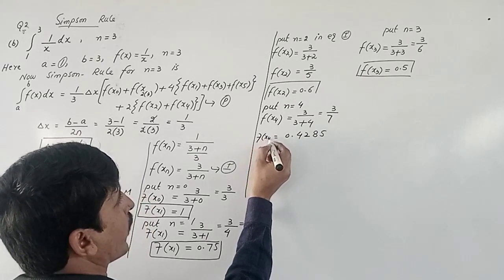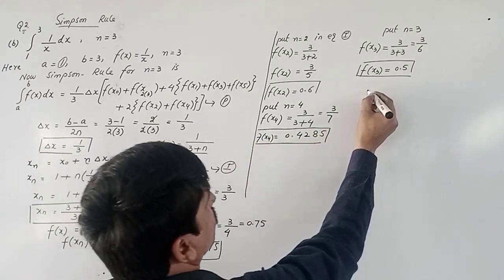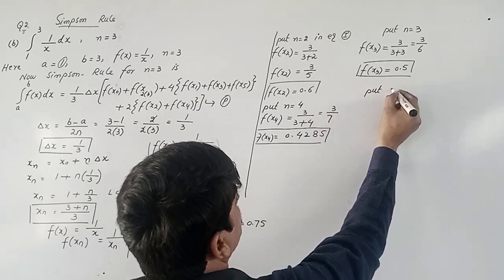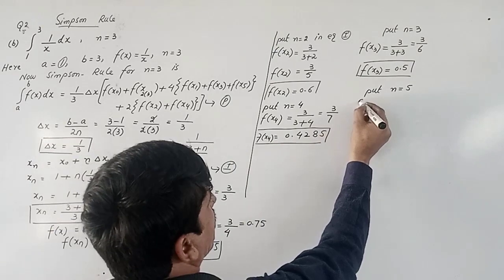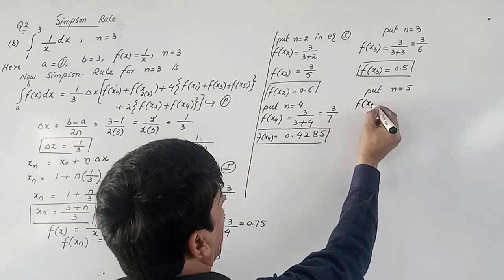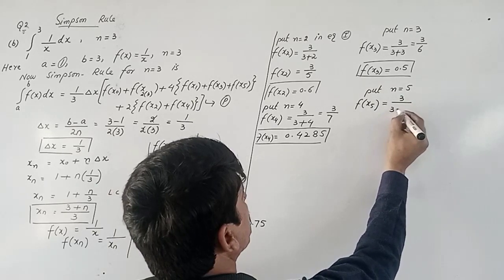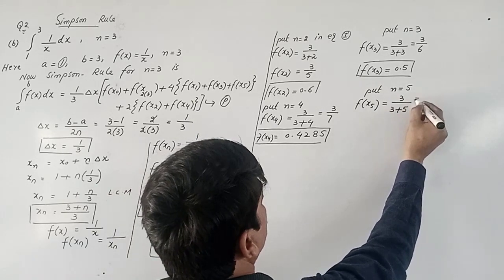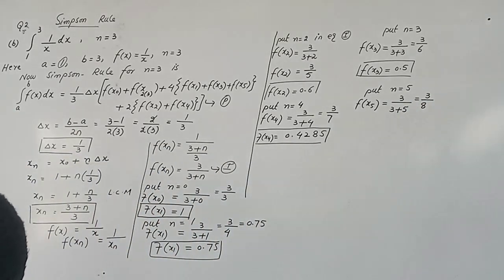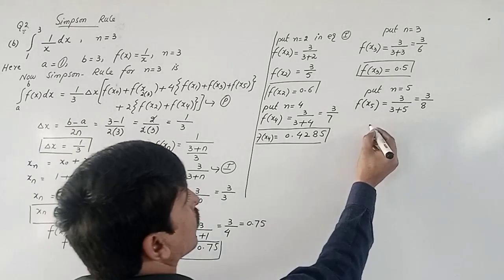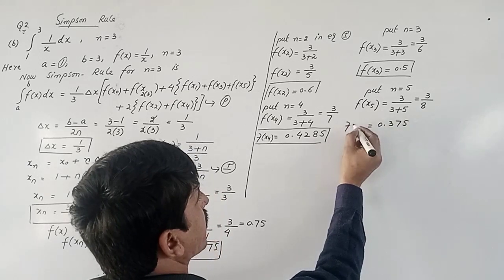This is the value of f of x4. Put n is equal to 5, so we get f of x5 is equal to 3 divided by 3 plus 5, which is equal to 3 divided by 8. 3 divided by 8 is equal to 0.375. This is the value of f of x5.